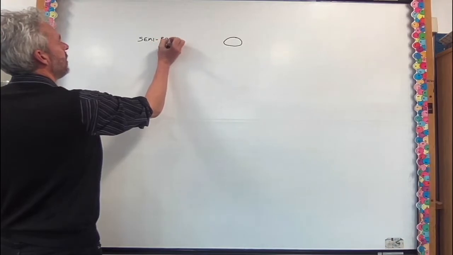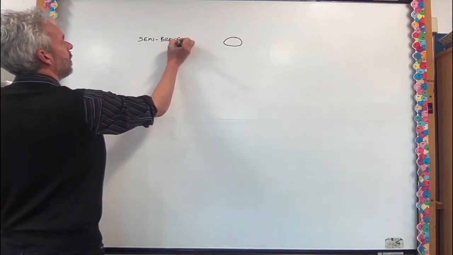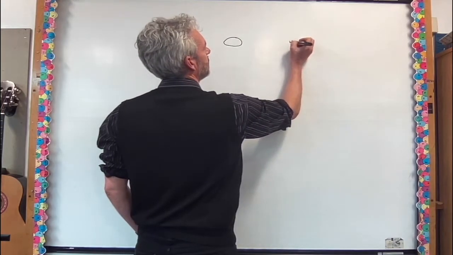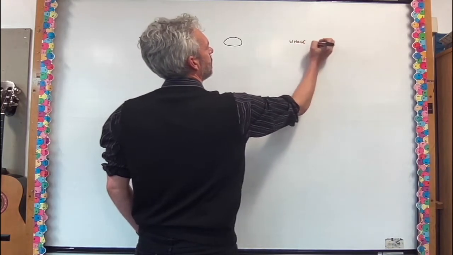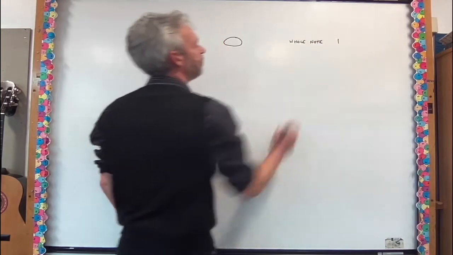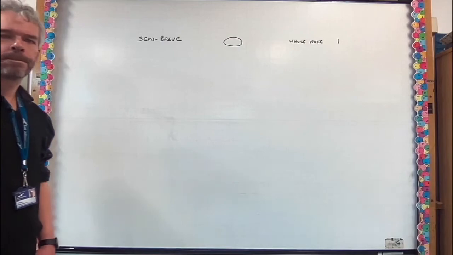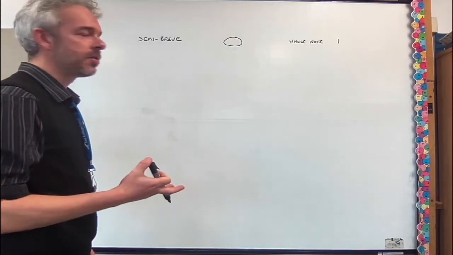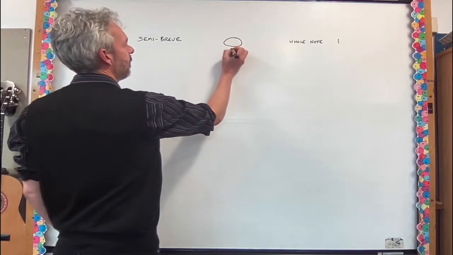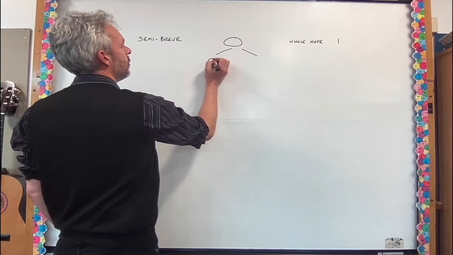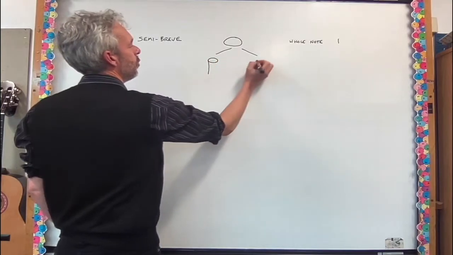And the semi-breve is also called the whole note. So its musical value is 1. Now the whole note can be divided into 2 shorter notes, divided equally in half, to produce 2 minims.